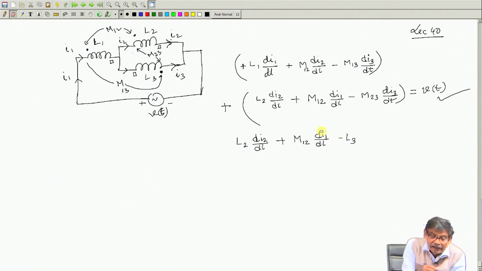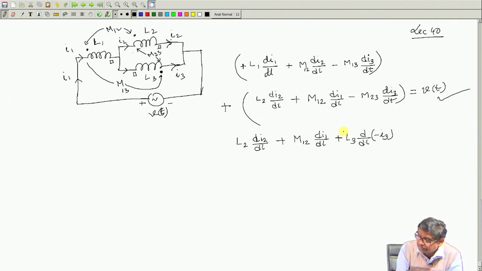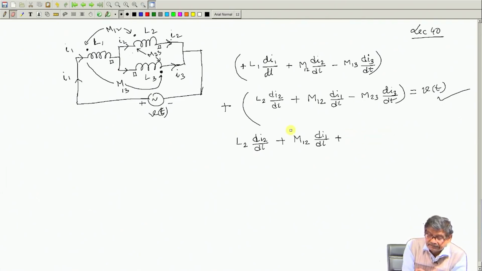Interesting. I mean, d/dt of this side plus this side minus is, then you write minus I3, I3 is entering. So, this side plus this side minus L2, this is L2 di2/dt plus M12, then M3 is there. Then M23, because of that also there will be voltage.